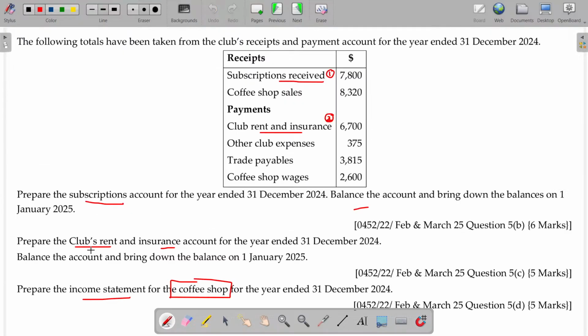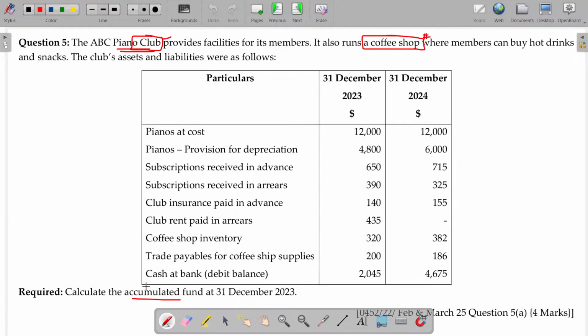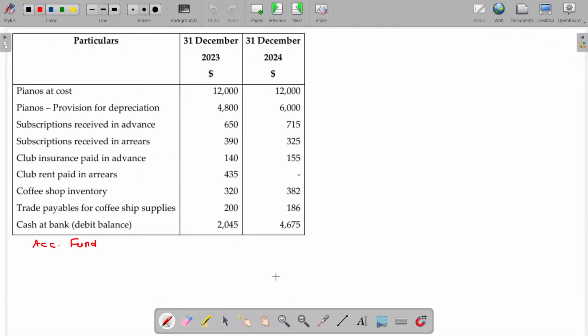The accumulated fund is to be calculated for which year? For the year beginning, 31st December 2023. Now pianos at cost is an asset, and from pianos the provision for depreciation will be subtracted.